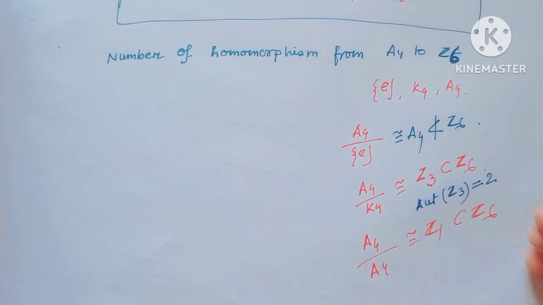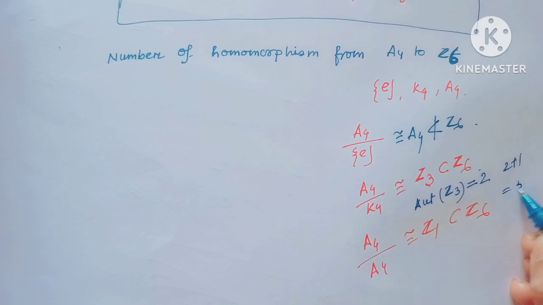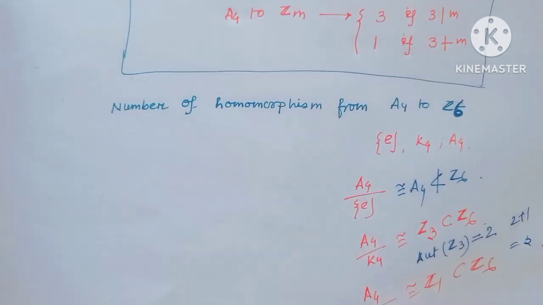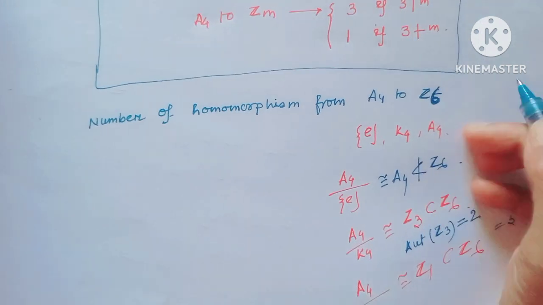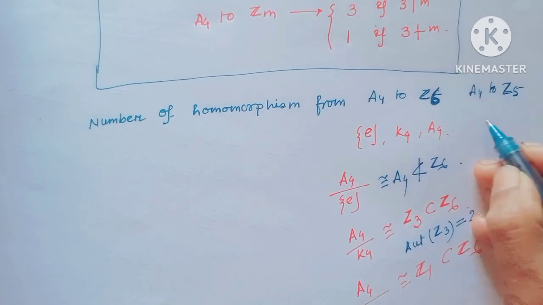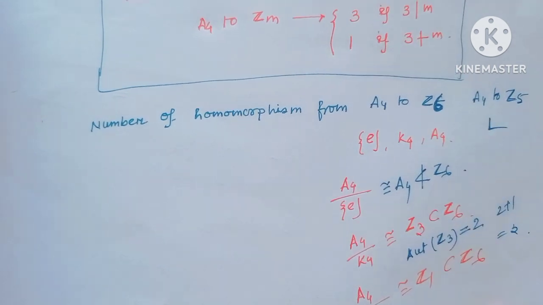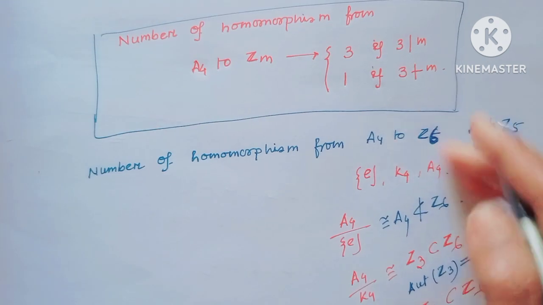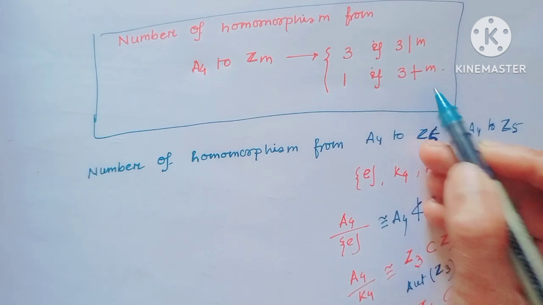So the number of homomorphisms is 2 plus 1 equals 3. But if the question is A4 to Z5, then it would always be 1, because 3 does not divide m.